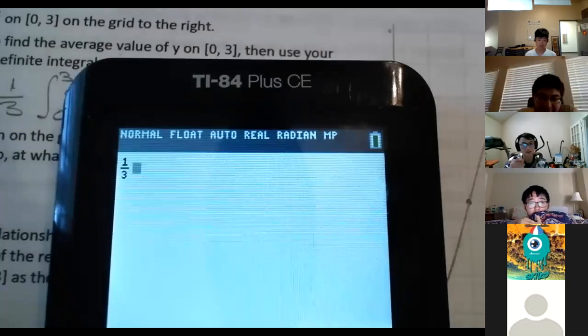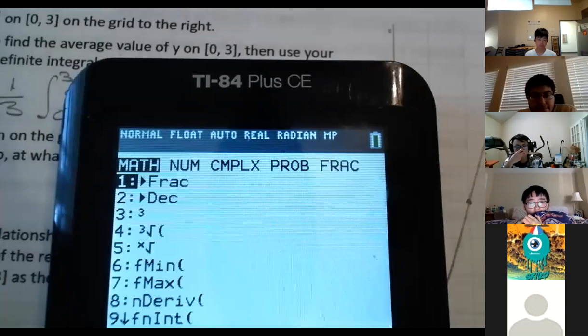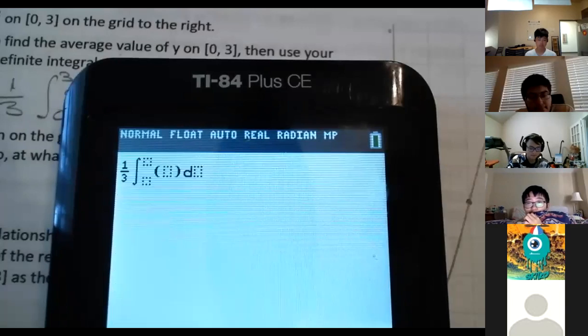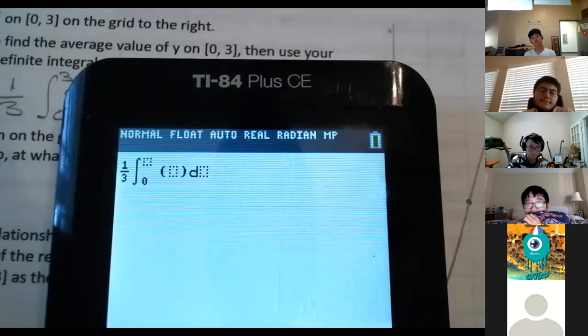We can do that through math. And we go to number 8. Actually, number 9. Function integration. So what are we integrating? From 0 to 3. What is the function? X squared.